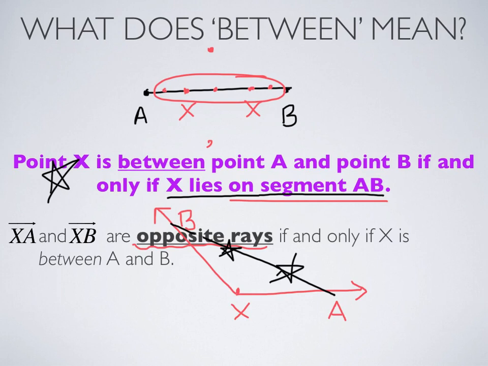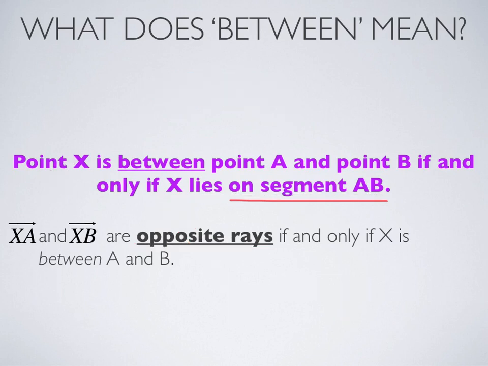Let me see if I can fix that. I didn't quite mean to get rid of all of that, but for X to be on segment AB, that means A and B are here and here. Here's my segment AB. So point X needs to be in here somewhere. And then these also need to be rays. So right now I've only drawn segments. If I want ray XB, that would go out like this.